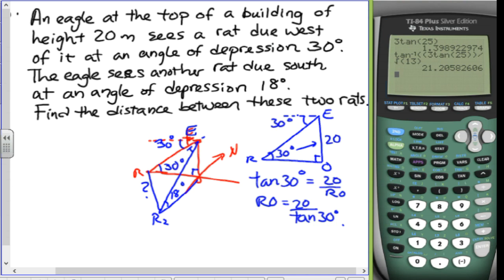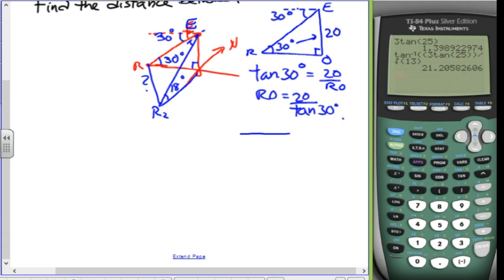The next triangle of interest is this, due south: this is O, this is R, and this is R2. I need to find OR2, but in order to find OR2, I need to get it from another right-angled triangle.